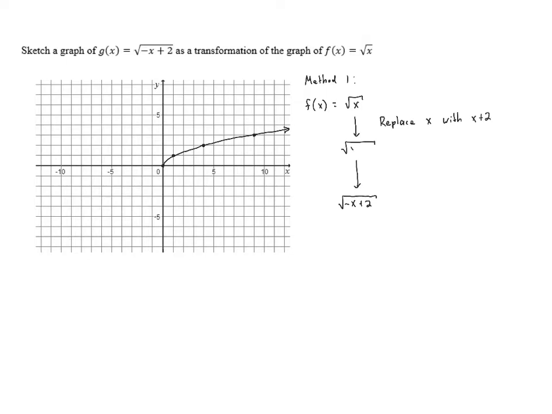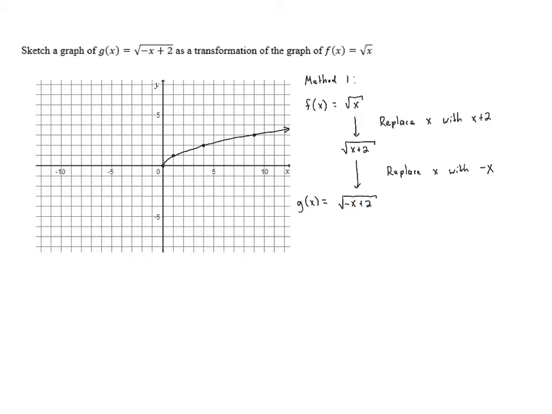If we do that, that gives us the square root of x plus 2. And then to go from here to here, we can replace x with the opposite of x. So this is one way that we can get from f of x to g of x, by replacing x with x plus 2, and then in this step, by replacing x with the opposite of x.